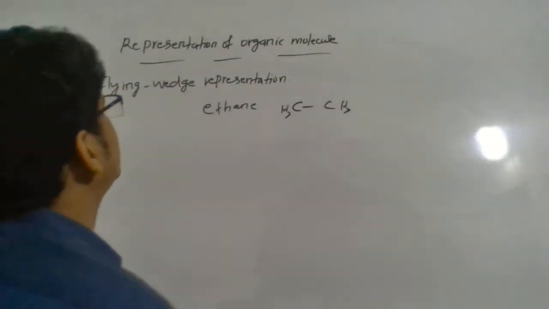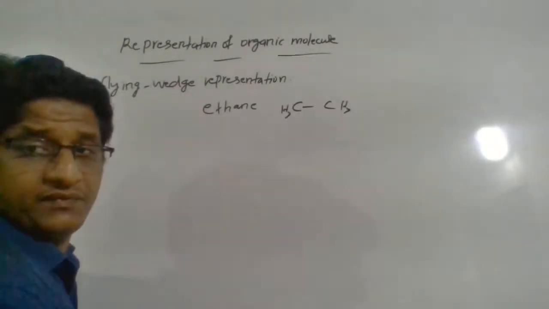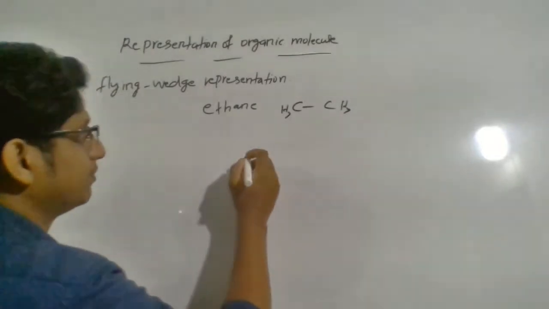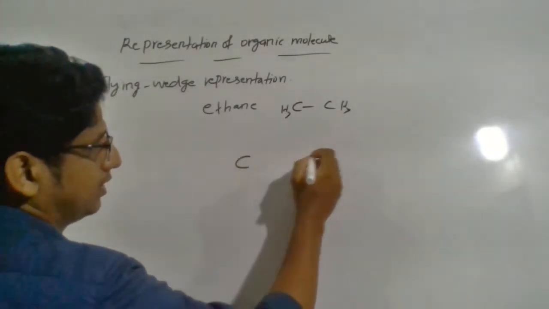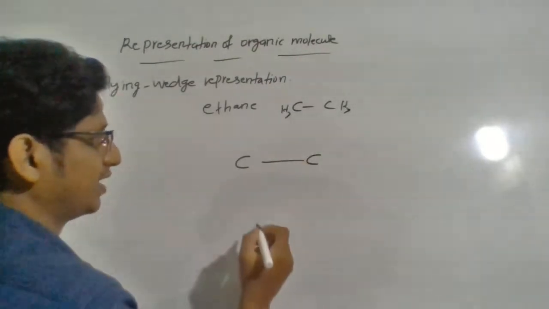Using the flying wedge representation, we can represent it like this, where the bond between carbon one and carbon two is drawn like this.